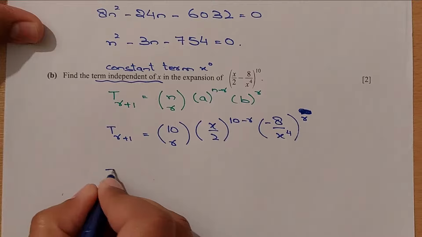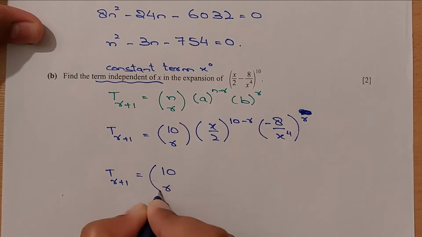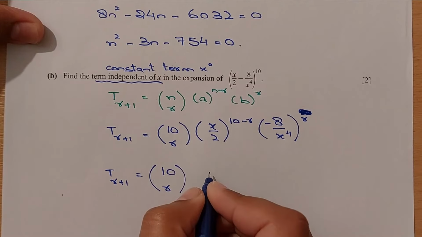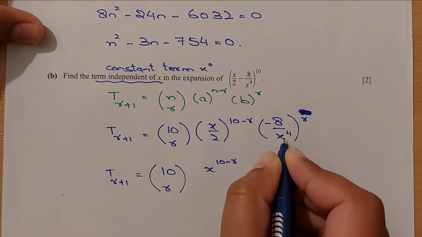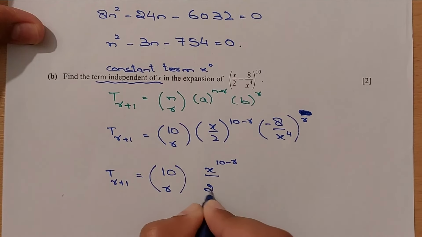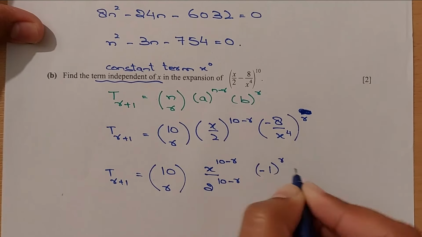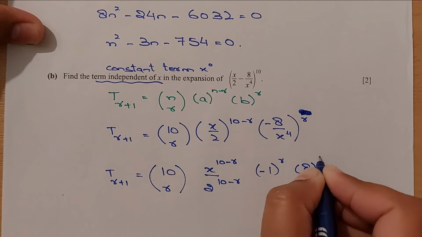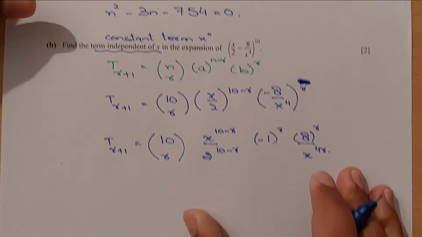Okay, simplified further, T(r plus 1) equals nCr. So x power 10 minus r, and here let me do 2 power 10 minus r, minus 1 power r, 8 power r over x power 4r, right?